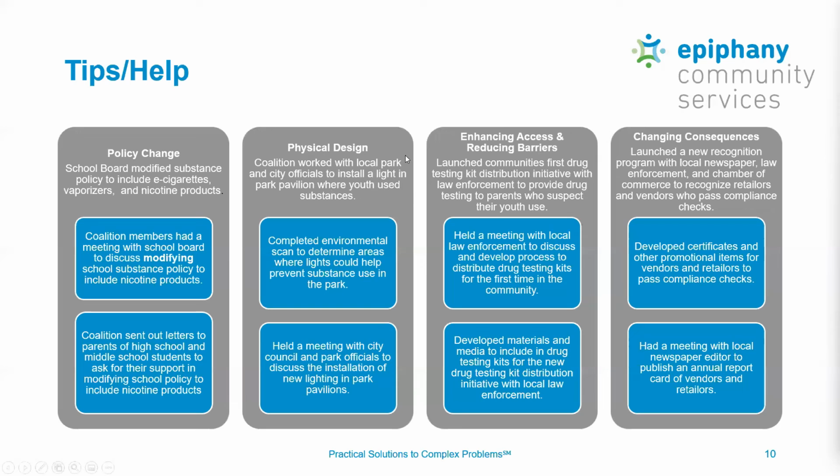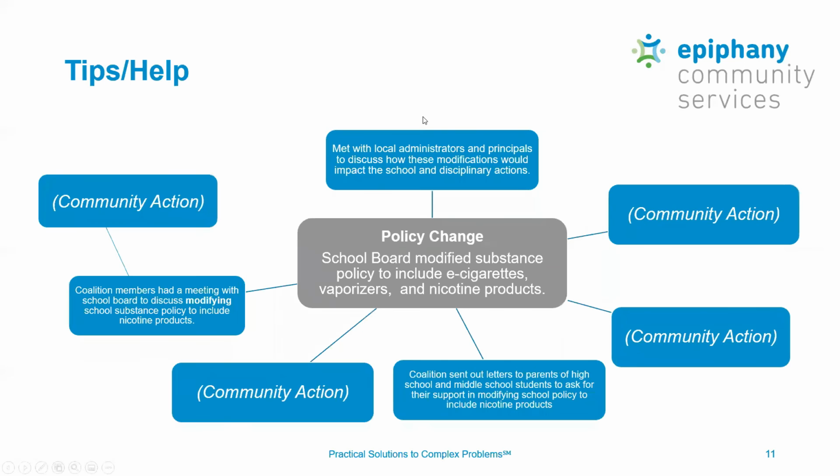So this is one of our diagrams. The other one I want to share with you, which I actually like a bit more because I think it represents coalition work and the craziness it can be at times, is kind of like that spider story web diagram you might have seen from elementary school. This is really helpful in my mind because at any given time, we might have a community action we need to take, and then there might be another community action that stems off of that.